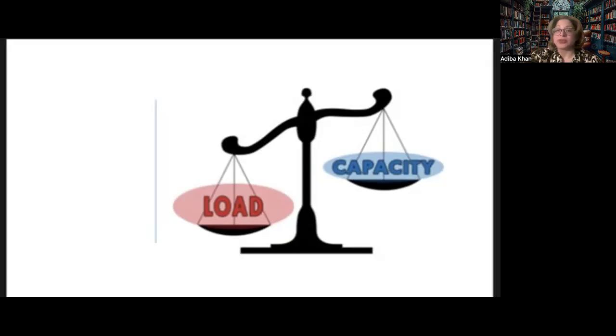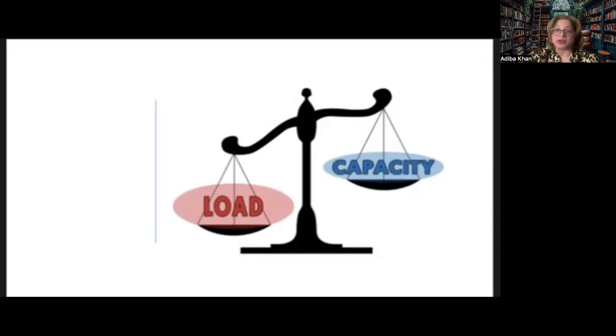Load, on the other side, represents the actual amount of work currently assigned to that production facility. Load is measured by the number of units scheduled to be produced within a specific time. Load can be less than the available capacity if there is not enough demand. Load can also exceed the capacity, which could lead to some bottlenecks.